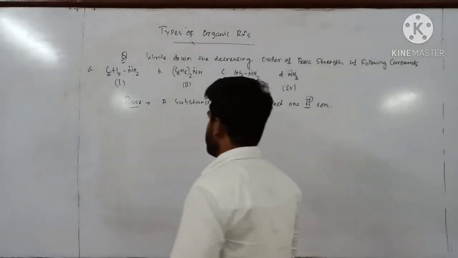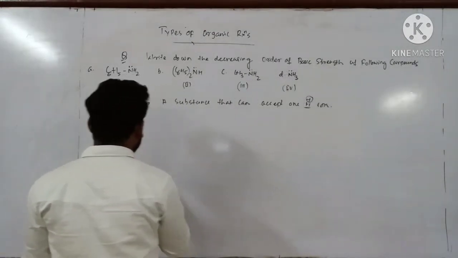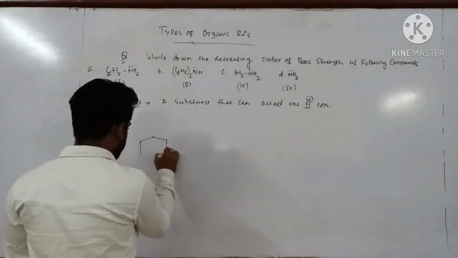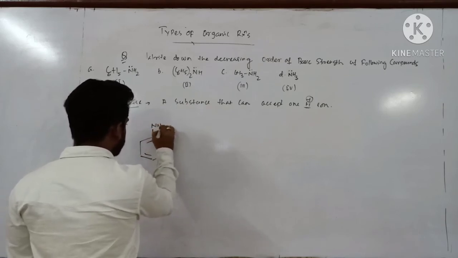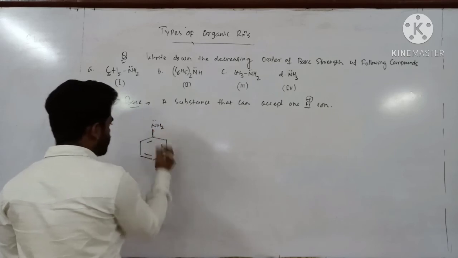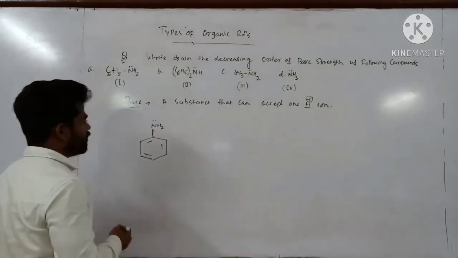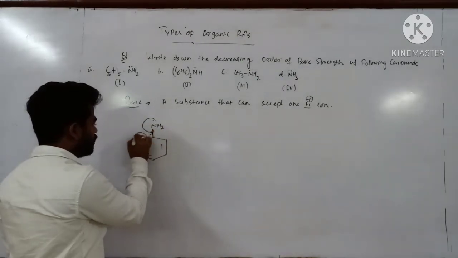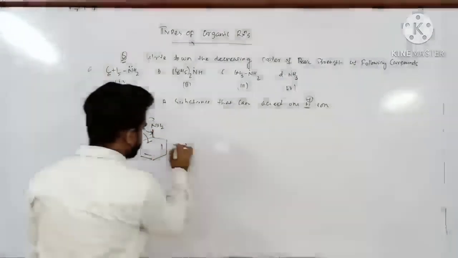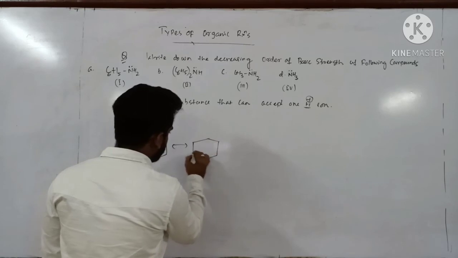In case of aniline, an aromatic amine, see what happens. Definitely there is presence of a lone pair over the nitrogen atom, but this lone pair is not residing over the nitrogen atom because it is delocalized throughout the aromatic ring by means of resonance, which I have already discussed.